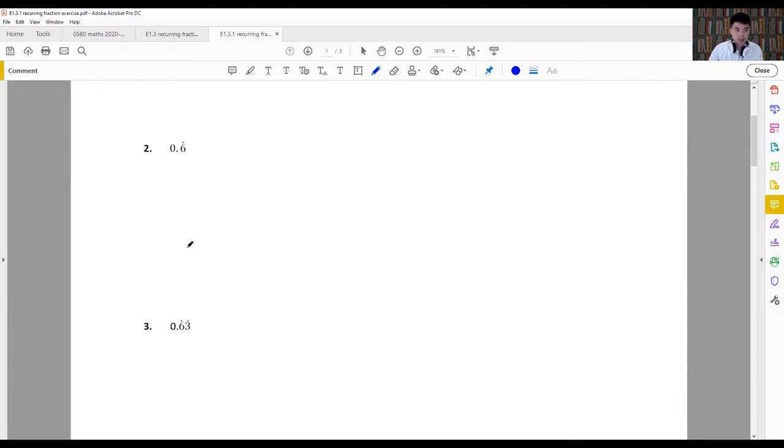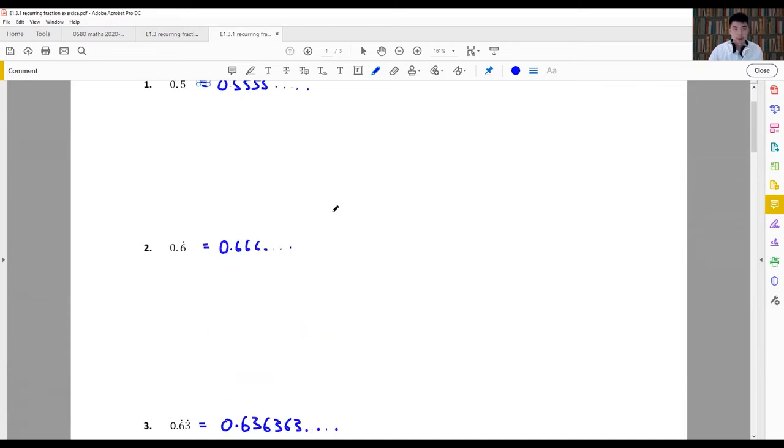Similarly, if we had 0.6, then this will actually equal 0.666, so on and so forth. Now, if we have 0.63 with two dots on top, then this actually means 0.636363. So whichever one has the dot on it, that number will be recurring infinitely in the same pattern.